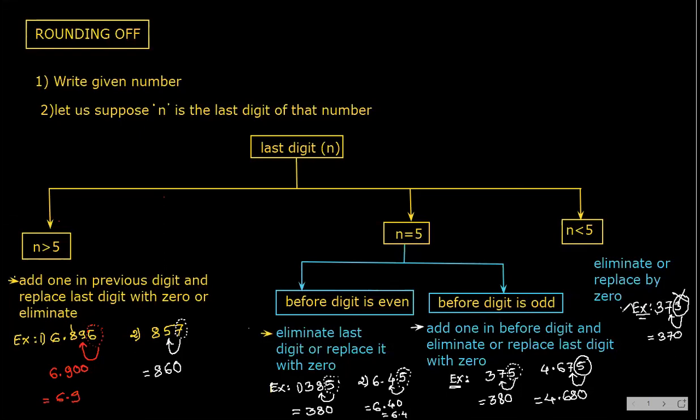This is the first example. Second example, I am taking 4, 4, 4. Now see, this number is again less than 5. If I want to eliminate, what I will do? Just 4, 4, 0. Okay. Just eliminate this or replace by 0. Understood? If it is less than 5. Clear?